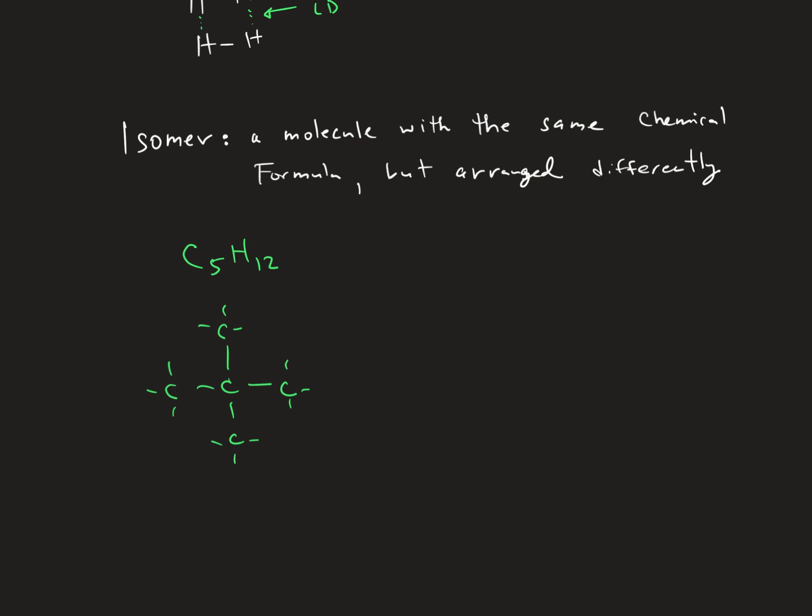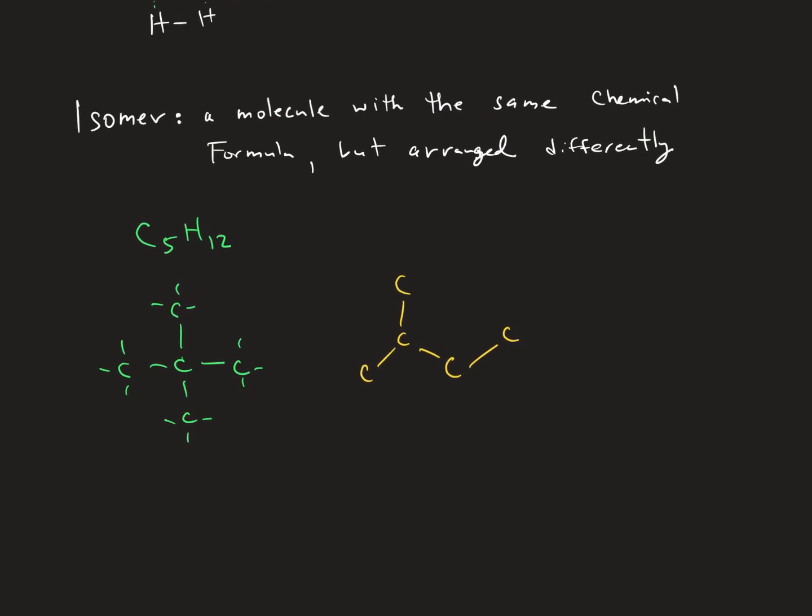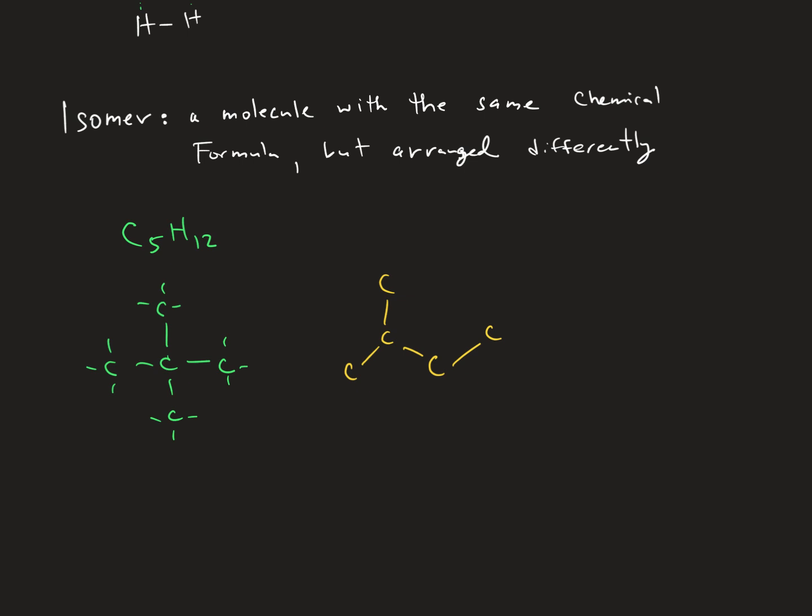You don't have to know the name. And then another C5H12 might be isopentane. Again, you don't need to know the names. It's going to be something like that, and again, we have a lot of hydrogens hooked to this. And then pentane is going to look something like this.